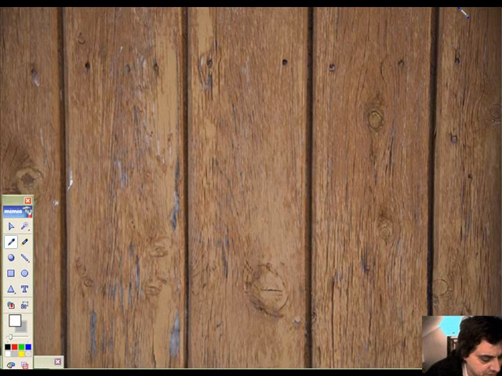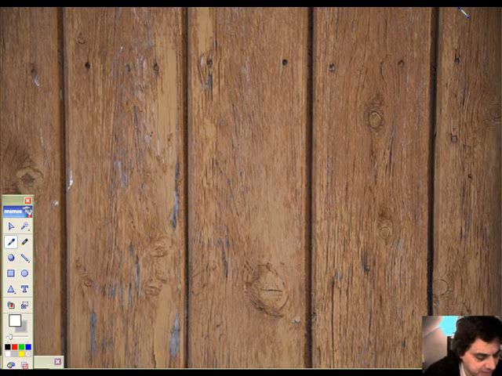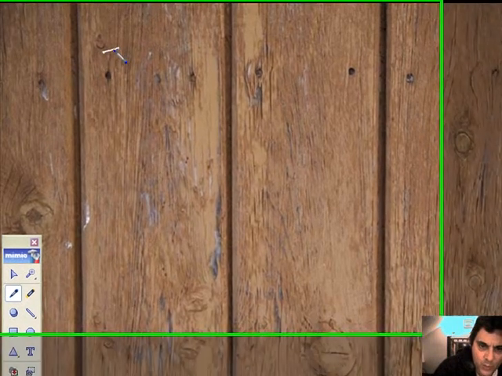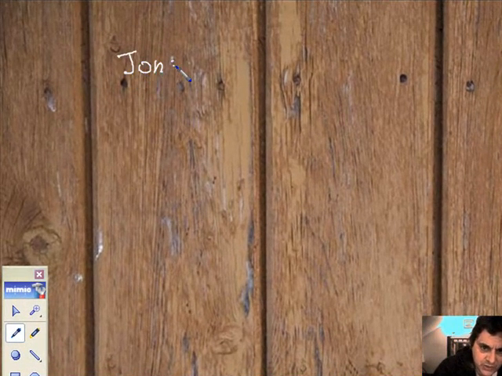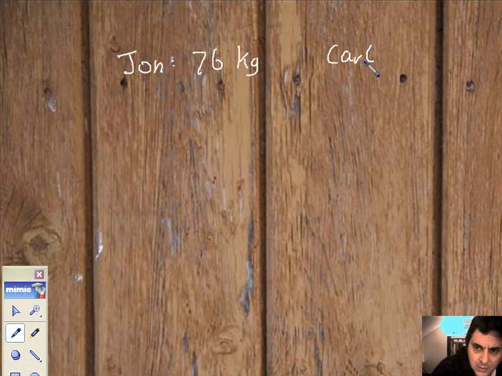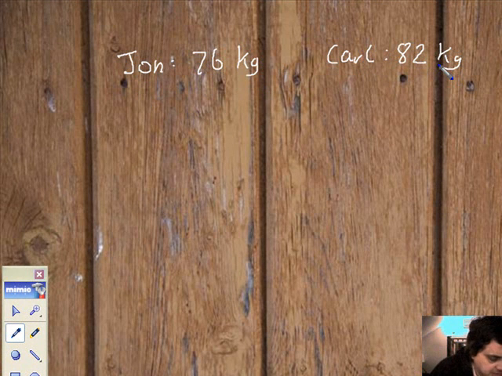John says that he and Carl are the same weight to one significant figure. Now this is John's weight, short for Jonathan. He weighs 76 kilograms, and we have Carl who weighs 82 kilograms, and the situation is John says that he and Carl are the same weight when you round them both to one significant figure.